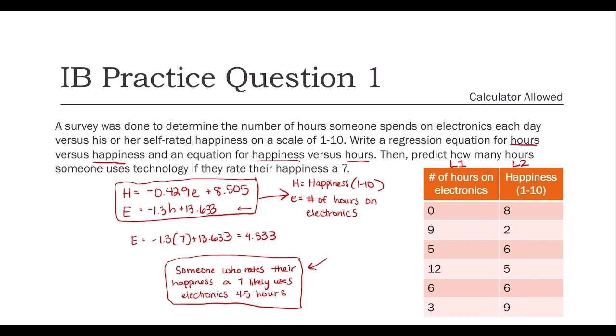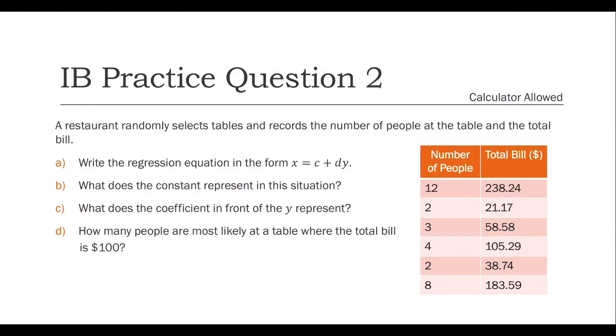So here we have our second IB practice question. It says a restaurant randomly selects tables and records the number of people at the table and the total bill. A, write the regression equation in the form x equals c plus dy. So we'll start by entering these into our calculator as L1 and L2. And then we'll do second calc linear regression, where L1 will be our y values and L2 will be our x values.